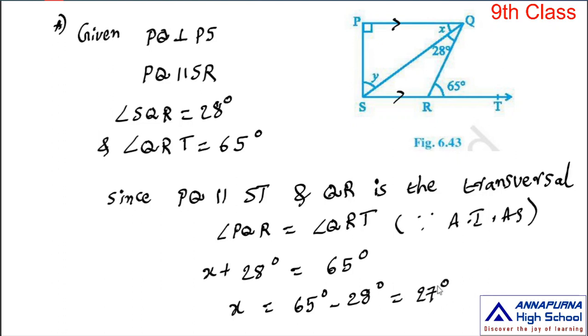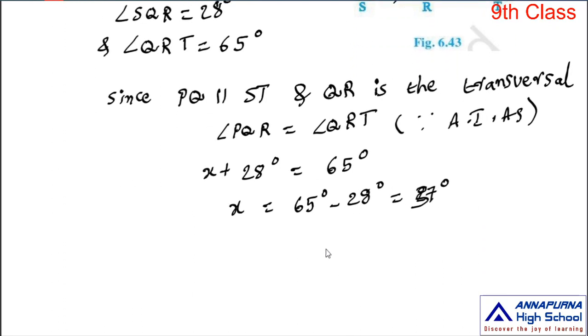Sorry, one mistake: 65 degrees minus 28 degrees is equal to 37 degrees. Therefore, x is equal to 37 degrees.